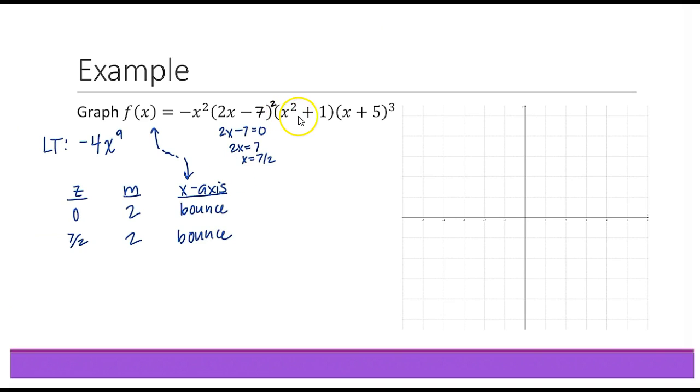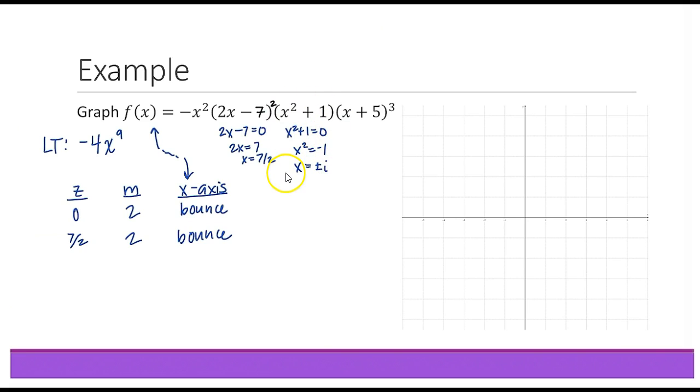Now this next factor, x squared plus 1, can't be factored any further because this is a sum of squares, and it's not going to give us any real zeros. If I tried to set x squared plus 1 equal to 0, I get x squared equals -1, or x equals plus or minus i, because I would take the square root of -1, and that would give me an imaginary number.